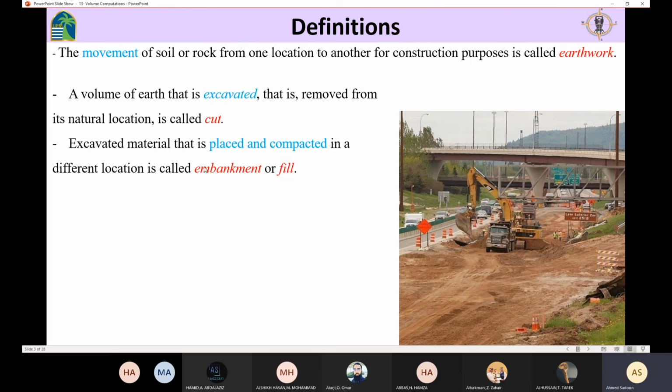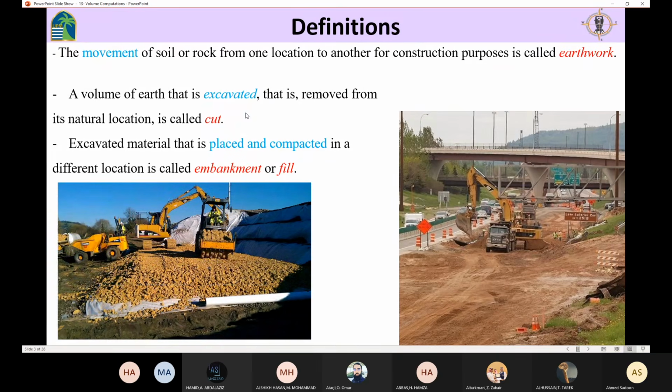The cut and the embankment, we call this earthwork. So the earthwork could be excavation or it could be embankment. So here we place soil. We call this embankment or fill.